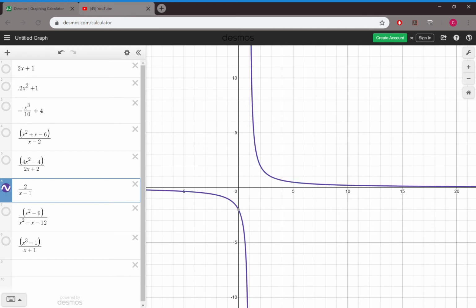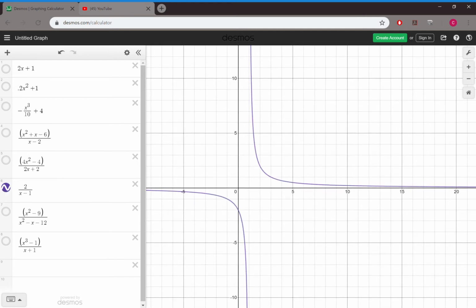All right, and there you go. So here's x equals 1 right here. Let's look at what happens to the curve. Look how our graph is trying really hard to avoid letting x equal 1. It's kind of like gliding out of the way to get away from x equals 1.